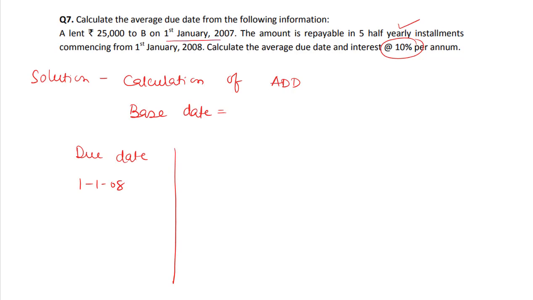First January 2008, because 1st January 2007, but after a year the amount is repayable in 5 equal installments commencing from 1st January 2008. So 6 months from here, 1st July 2008, 1st January 2009, 1st July 2009, and 1st January 2010.